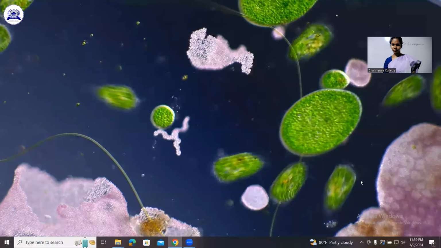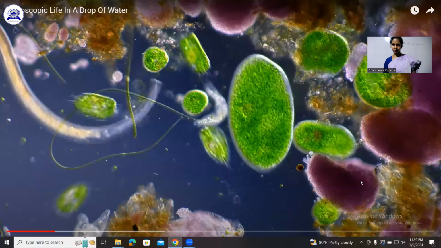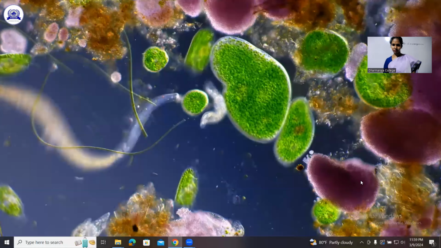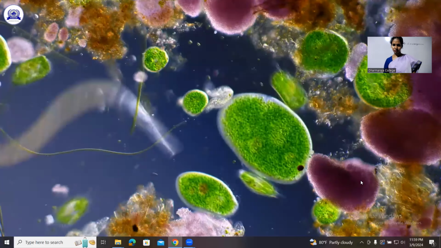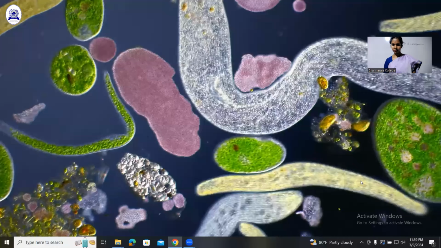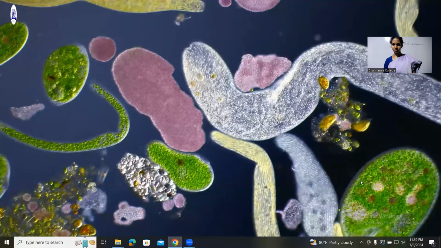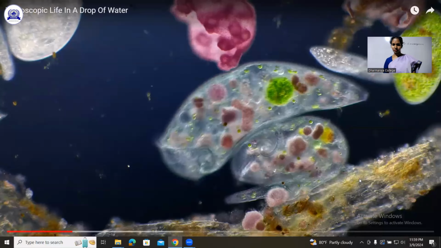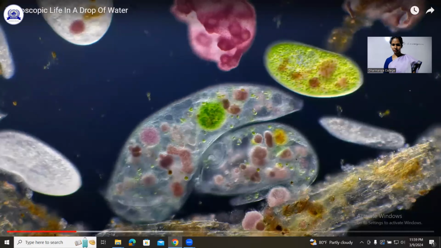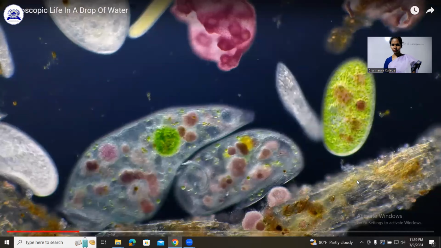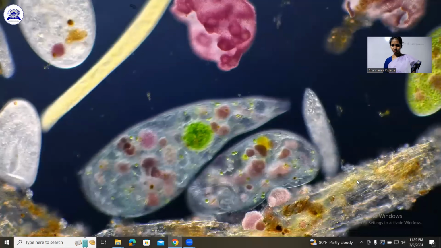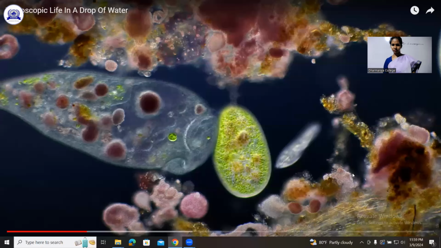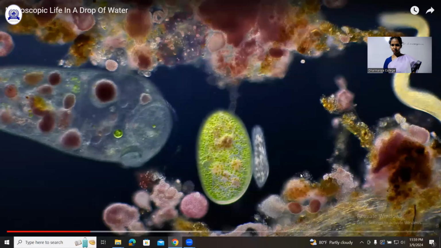So in this video, we are taking a closer look at the incredible microscopic diversity in a few drops of water from a single forest pond sample. These two large bluish cells are called stentors, and they are some of the biggest single-celled organisms on the planet. They move and feed using tiny beating hair-like projections called.